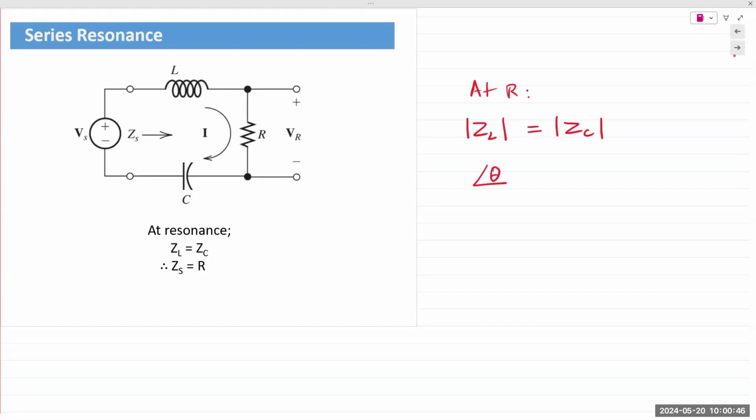However, the phase is exactly 180 degrees opposite. I don't think that's the right mathematical representation, but I'm going to run with it. 180 degrees out of phase. And so they cancel each other out. And the only thing that's left in the circuit is the pure resistor.